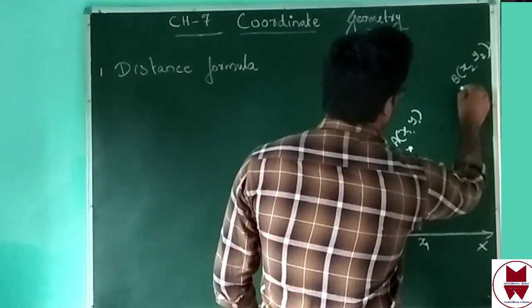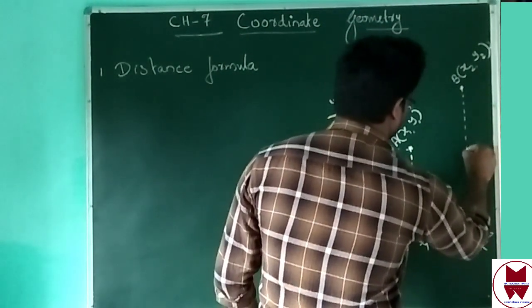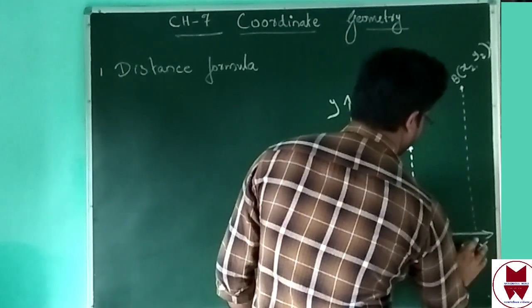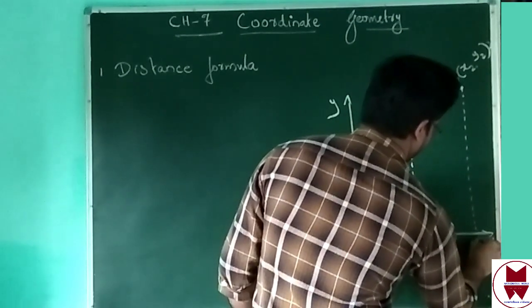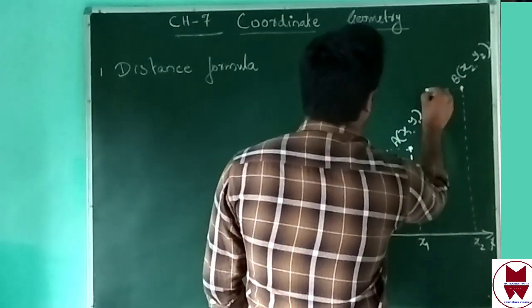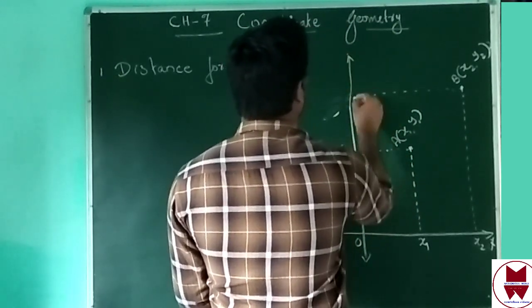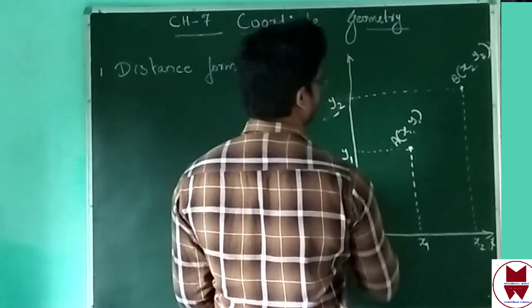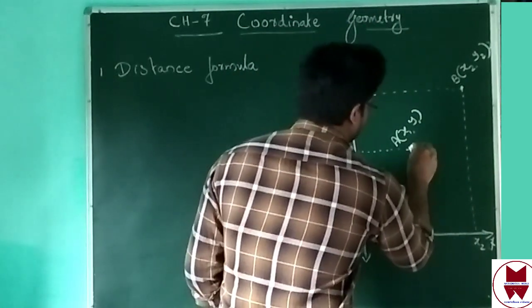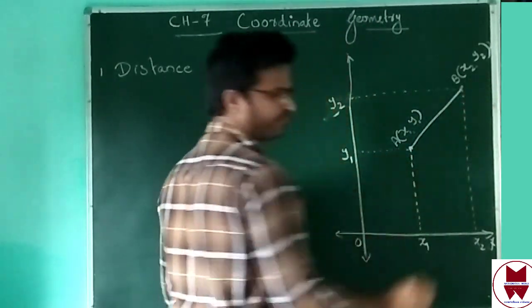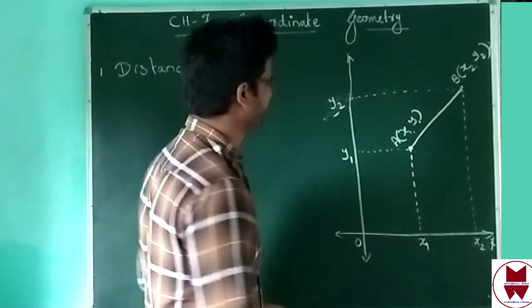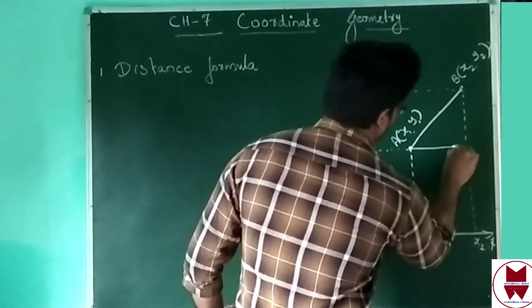Then from B also we can write. Here make one line. This is x2. Here, if you make one line, this is y2. Then this is the distance between A and B, isn't it? We can make one triangle here.